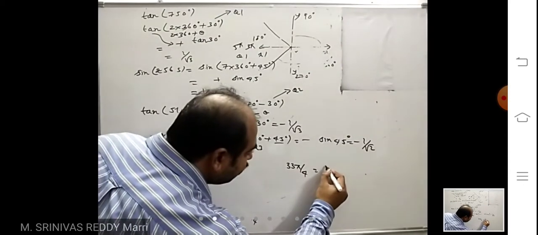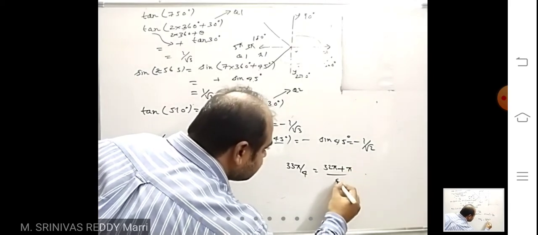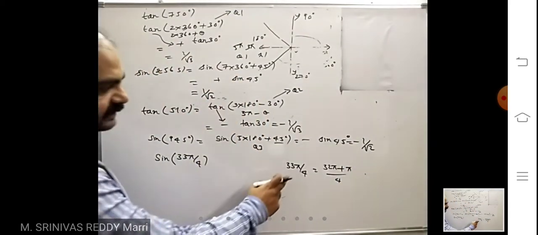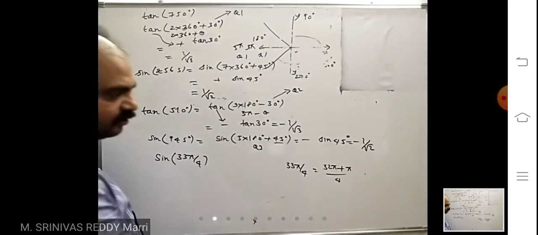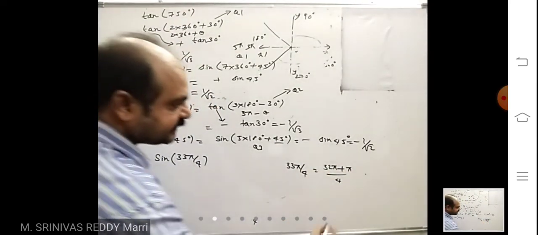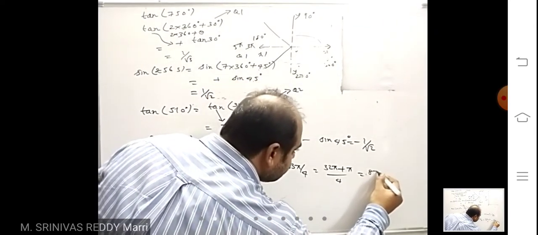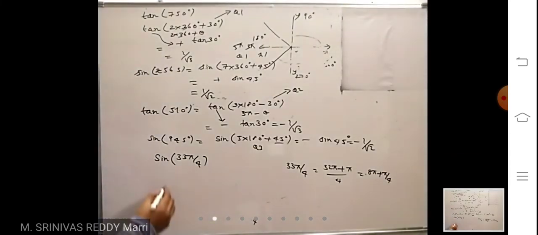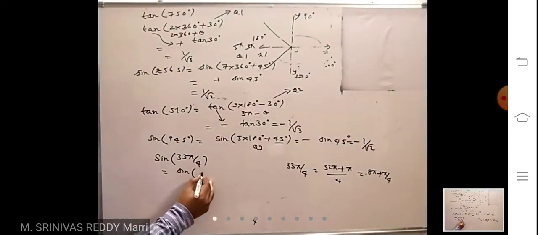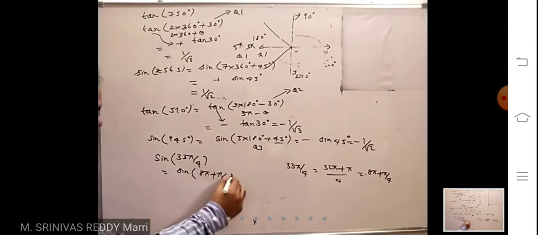The closest multiple of 4 means 32 pi plus pi. Such that if you split, you will get 8 pi plus pi by 4. That means this can be written simply as 8 pi plus pi by 4.